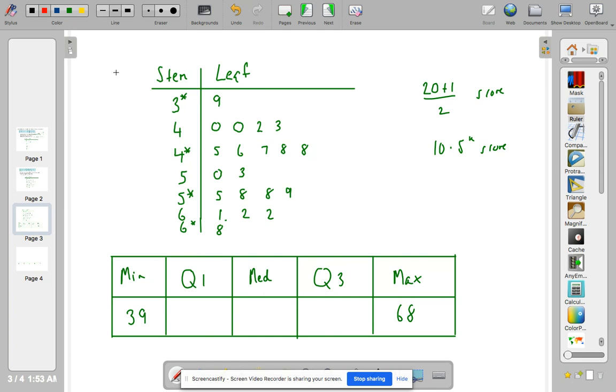Counting 1, 2, 3, 4, 5, 6, 7, 8, 9, 10, the 10th is 4.8. The 11th is 5.0. Halfway between 4.8 and 5.0 is going to be 4.9. I beg your pardon, I should have put 3.9 here and 6.8. I just lost the plot there for a second. So now I've got 4.9 in here.